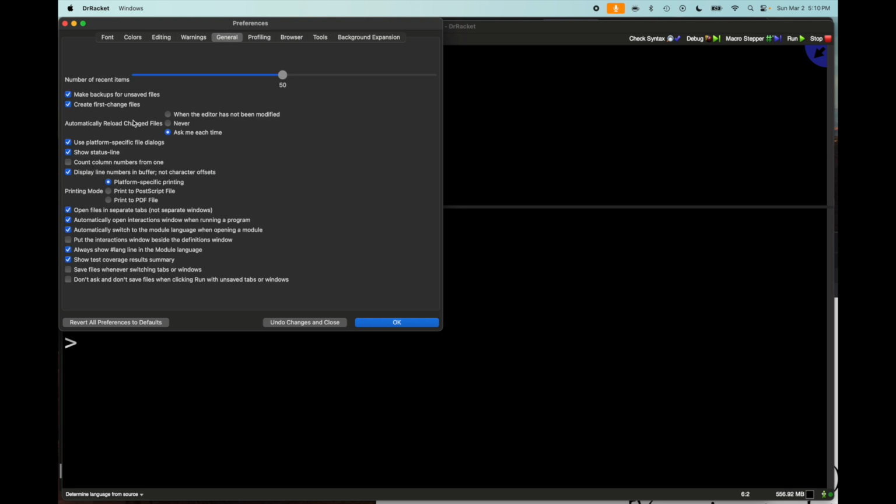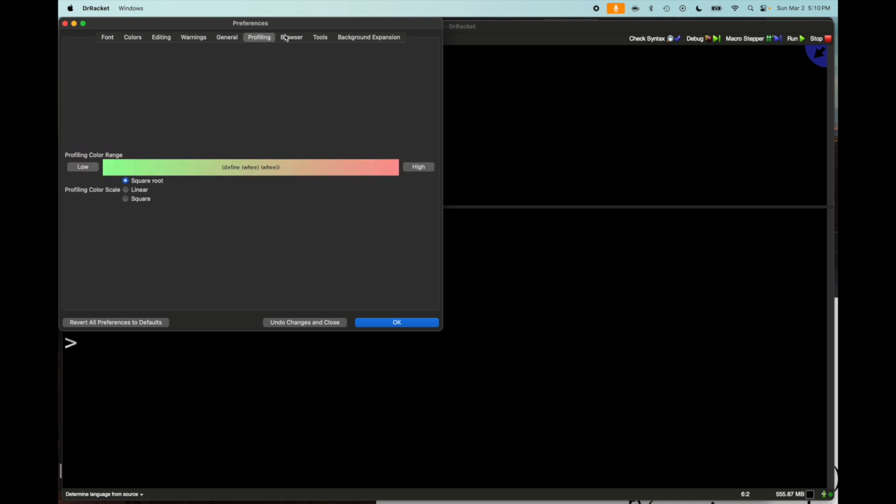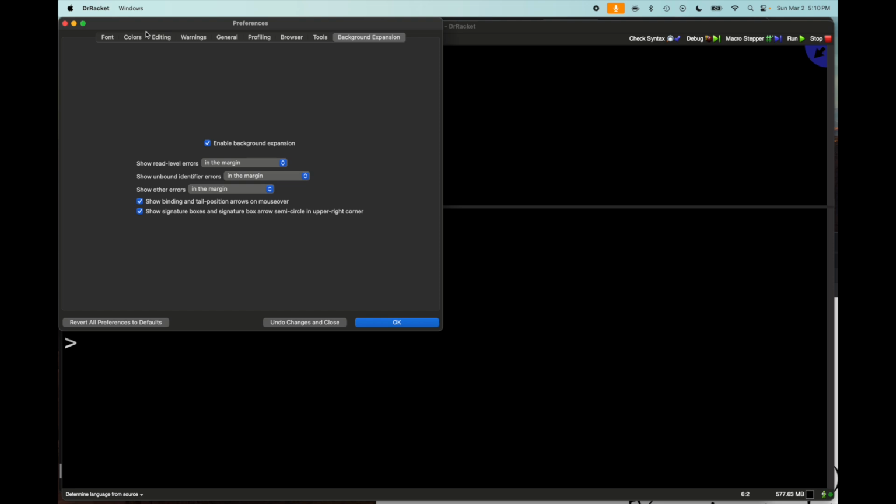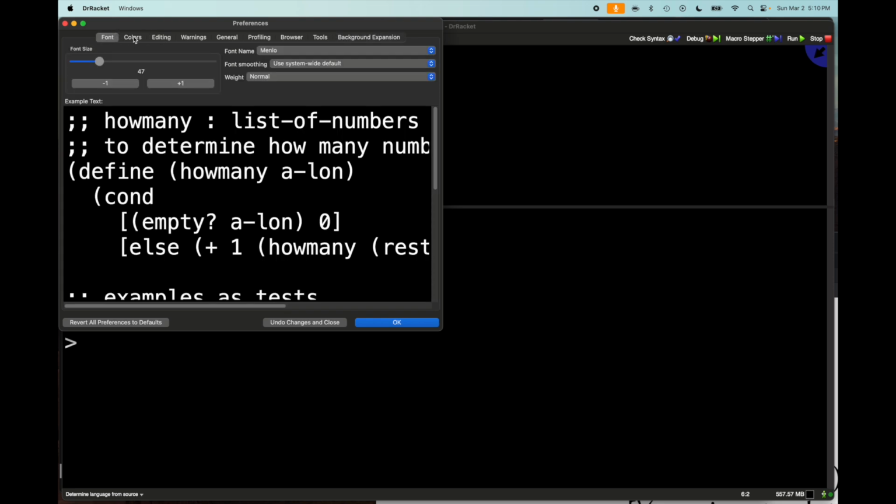I don't remember if it's under here. Printing mode. No. I know there at least used to be a way. I think there is a way to change it, but I don't remember where that goes.